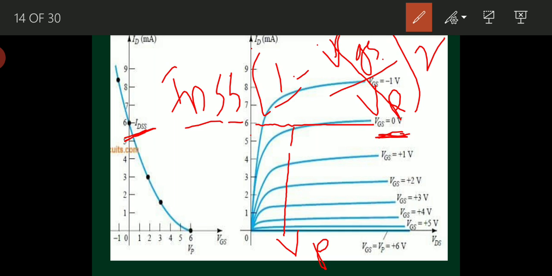Like this, for different values of VGS, we will plot drain current ID equal to IDSS into 1 minus VGS by VP whole square. If we draw a graph between VGS versus ID, the curve we get is called the transfer characteristic.